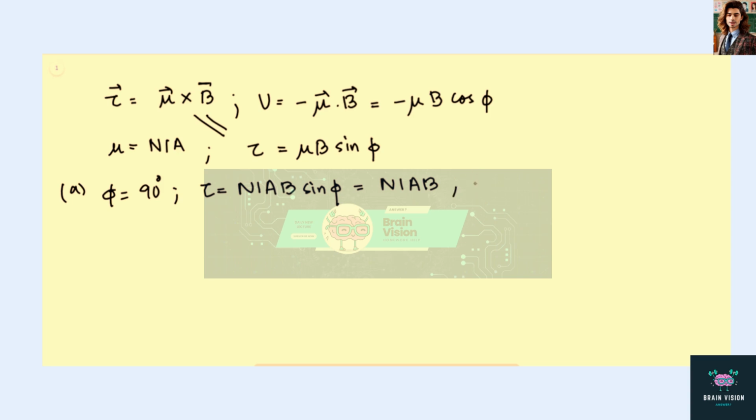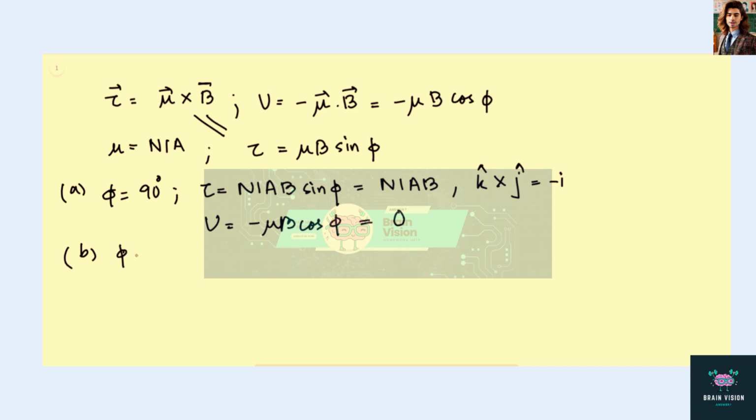The direction is given by k cap, which is perpendicular to the area, times the direction of the magnetic field, and this is equal to negative i. Similarly, for potential energy, we have mu b cos phi, and this is equal to 0 because phi is 90 degrees.